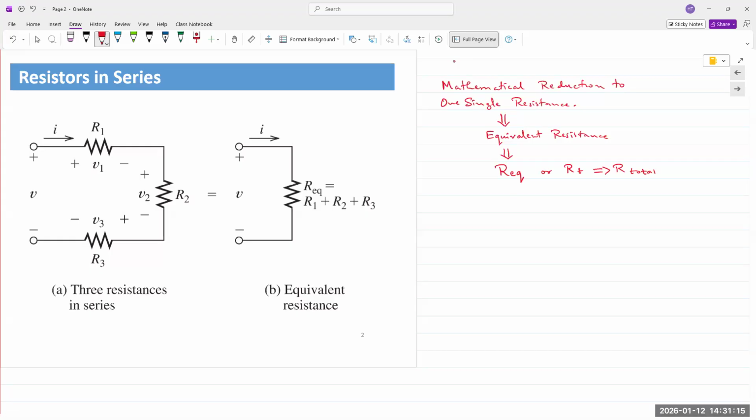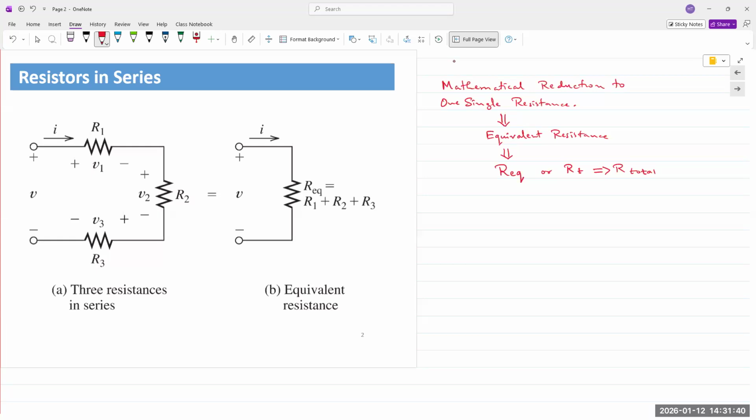Now, an important thing to keep in mind is that REQ is from the perspective of any 2 points in a circuit. If there are, let's say, 10 different points in a circuit, and you measure the resistance or REQ between A and B, you would get one value. If you measure it between C and D, you would get a different value.